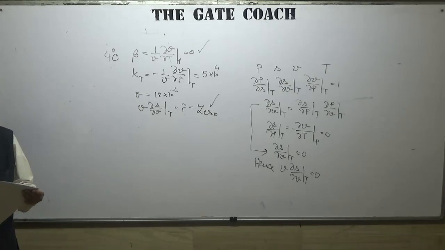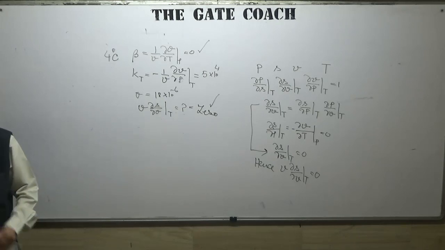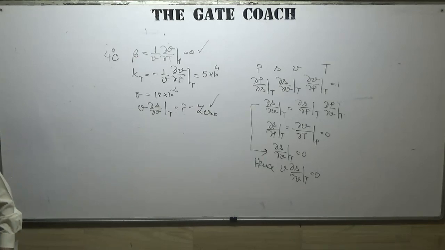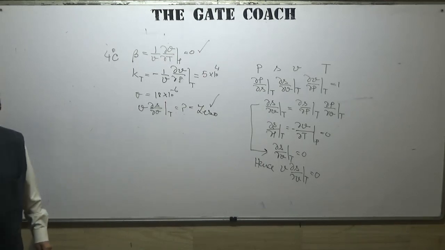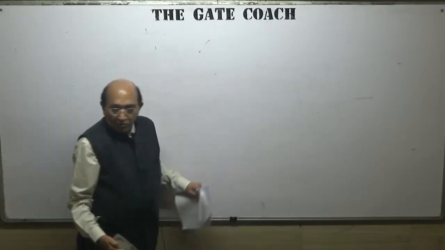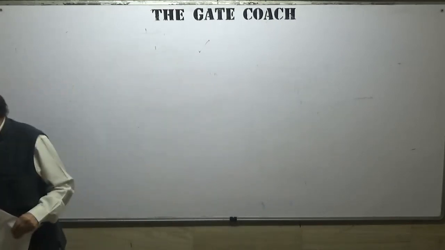So these were the two questions asked in classical thermodynamics. The rest of the few questions were asked from chemical thermodynamics, and that part will be discussed by another teacher. Now the question from heat transfer.